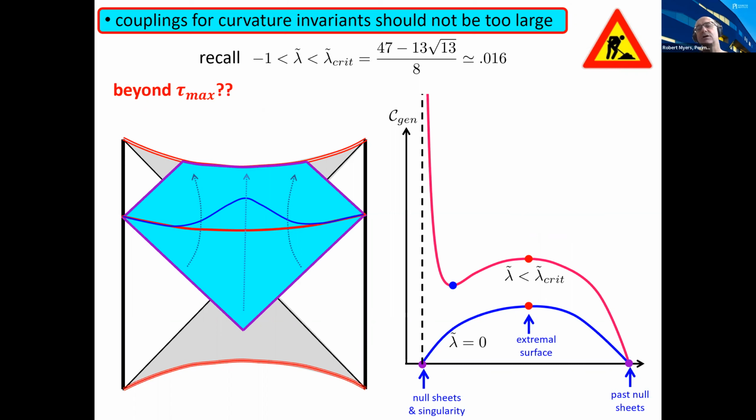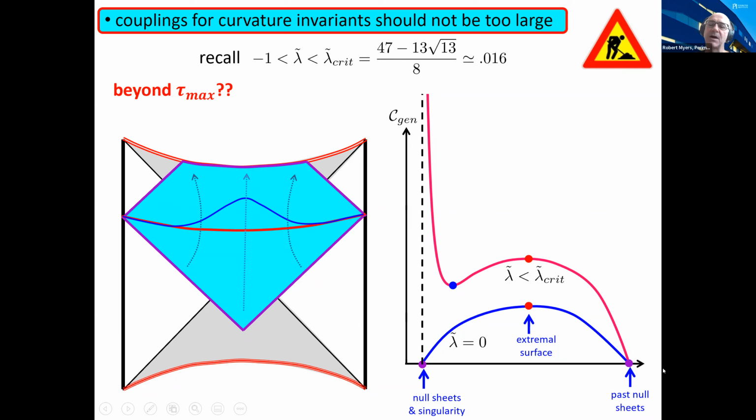Now I'm going to turn on lambda a little bit and do the same exercise. I'm going to have a family of smooth surfaces and take a one-dimensional slice. Again, down here, because the measure is 0 on the light sheets, even if there are some finite contributions from c squared, I still get 0 at that point.